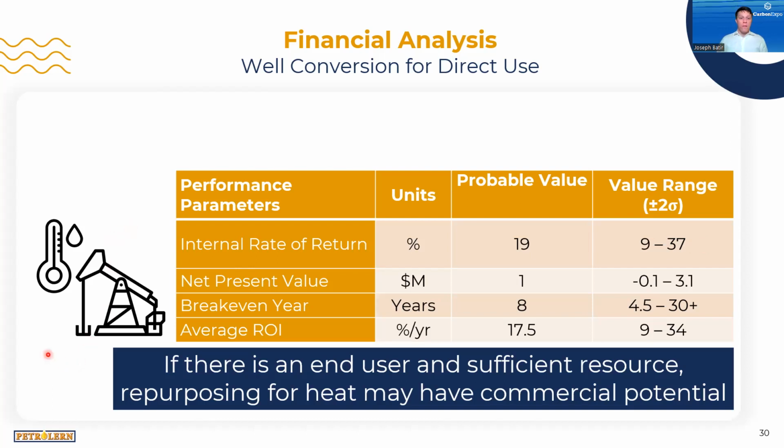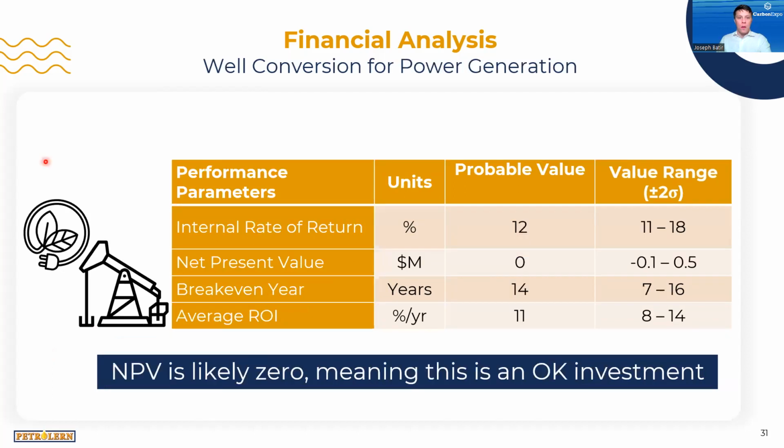So here, if there's an end user and a sufficient resource to fully utilize all of that heat, then repurposing for heat looks like it has pretty good commercial potential. Now, well conversion for power generation, you'll notice that these values are a little bit less.